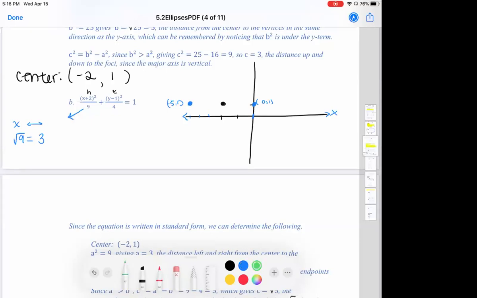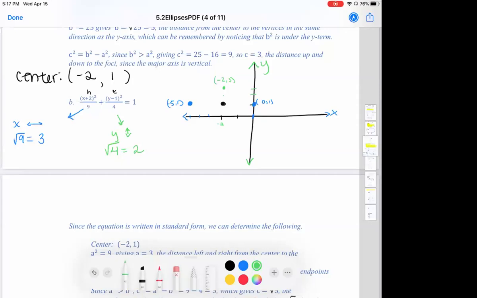Okay, now your y tells you how much you're going to go up and down, because your y-axis goes up and down. You take the square root of the number underneath, which is a 4, so we have 2. So I'll go up and down 2 from the center. 1, 2, I'm right here, which is the point -2, comma 3.